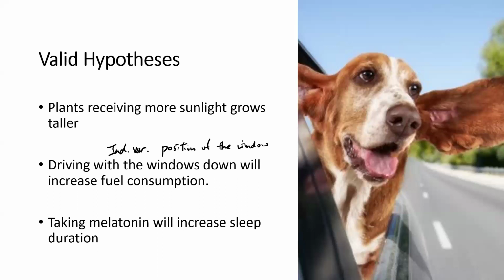How about the next one? The hypothesis is that taking melatonin, which is like this hormone that your brain naturally makes for you, but you can also buy it at Walmart, will increase sleep duration. If you were to test this in an experiment, what's the independent variable? Yeah, the amount of melatonin taken by the person, right?